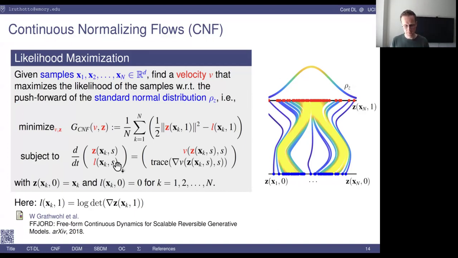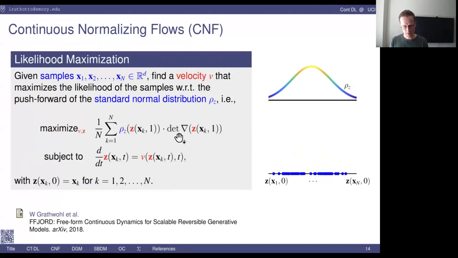Of course, when you do this, you need to track what the point is doing, but also track the density changes locally. When you start out, you have this determinant of the Jacobian, which may sound scary because this will be a high-dimensional problem, like 100D or 1000D.